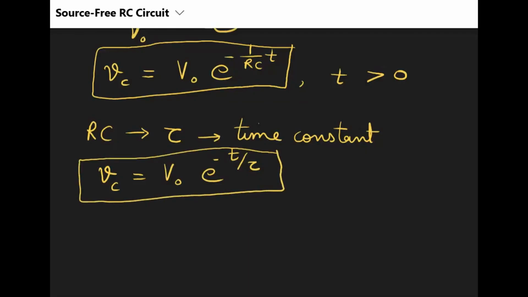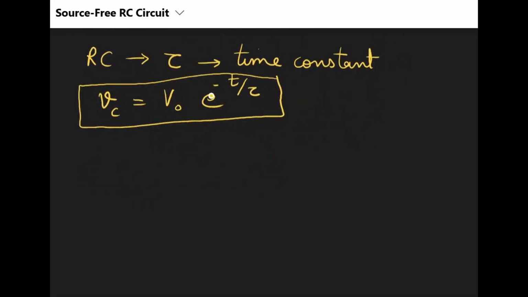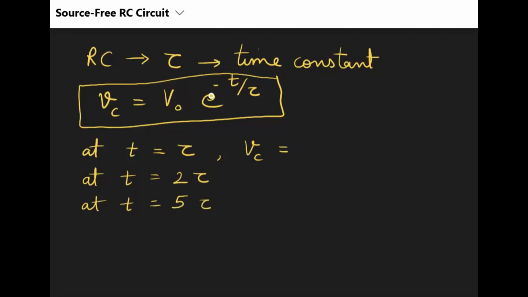Now if we will find the different values of tau, like at t equals to tau, what is the value of Vc? At t equals to 2 tau, at t equals to, let it be 5 tau.